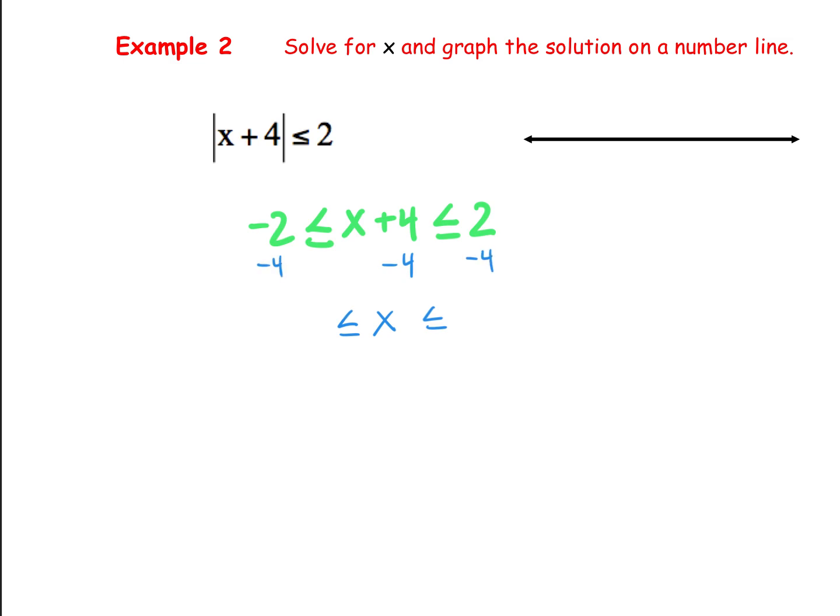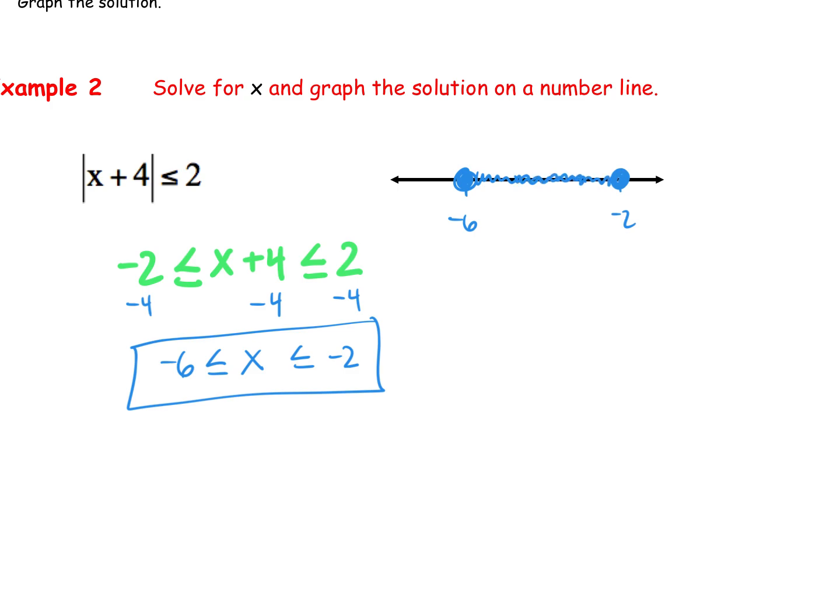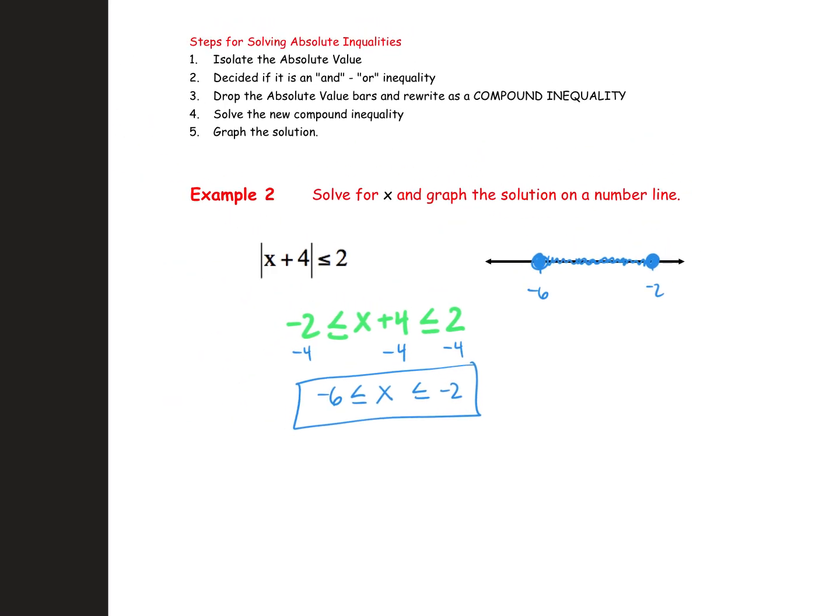And so it appears for this one, x is greater than or equal to -6, and it is less than or equal to -2. And so you go to your graph, -6, -2, x is greater than or equal to -6, and it is also less than or equal to -2. So again, same steps, just you need to make sure you are rewriting this to the correct compound inequality.